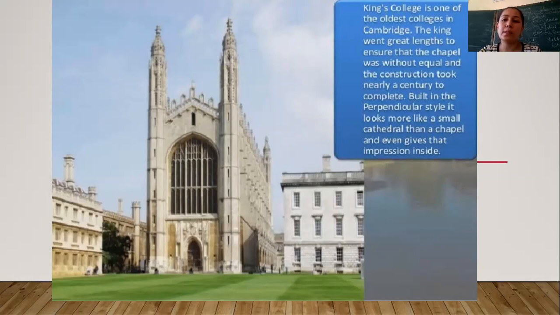ensure that the chapel was without equal, and the construction took nearly a century to complete. Built in the perpendicular style, it looks more like a small cathedral rather than a college, and it even gives that impression inside of this college also.